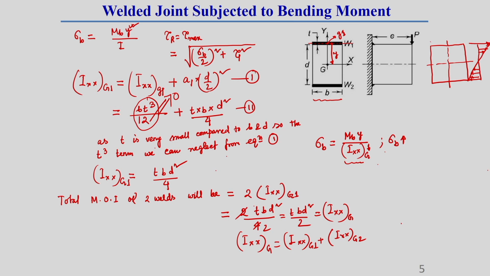So, once sigma b is increasing, that means whatever the actual stress developing in this weld cross section, we are considering more stress developing there.